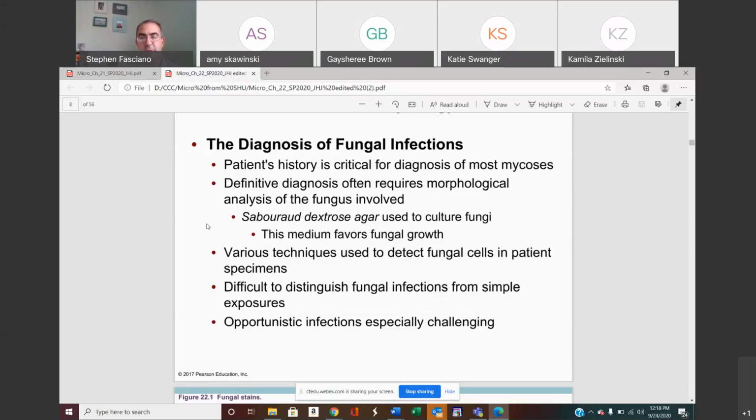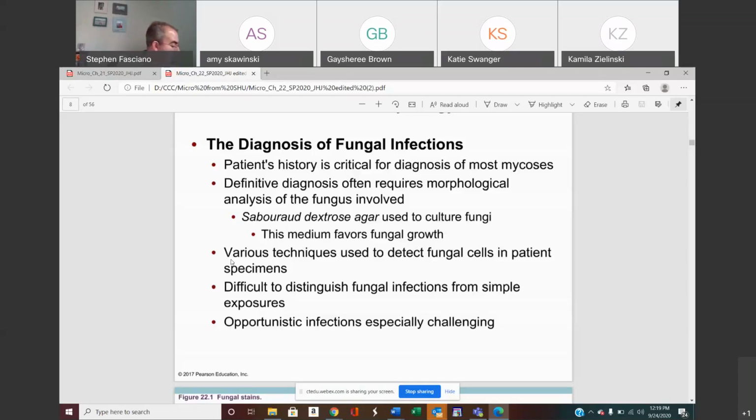It is difficult to distinguish them from simple exposures, right? Because fungi are so prominent, they're present everywhere. Everybody is exposed to them at some point. So if they take a sample from your body and a fungal organism grows in that sample, is it just that you were exposed to it at one point, or do you actually have it infecting your body somewhere?